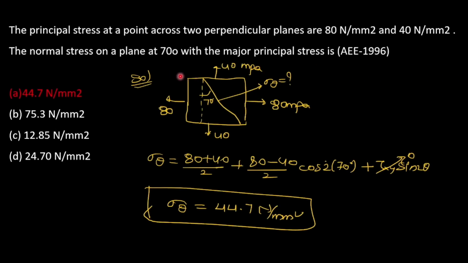So what is given? 80 and 40 megapascal acting on two mutually perpendicular planes. Then we need the normal stress on the plane which is 70 degree with the major principal stress. So asking sigma theta, we know the formula, and if we substitute we will get 44.7 Newton per mm square. So option A is the correct answer.